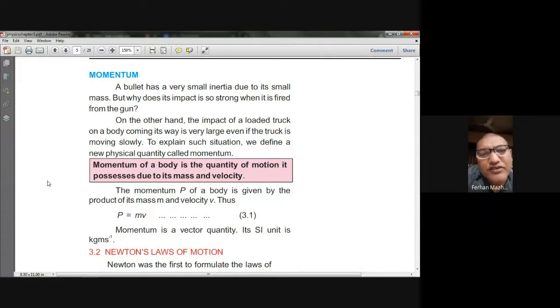Suppose the mass of the locomotive is 5,000 kg and it is coming at a speed of 10 meter per second. So the cycle is also at the speed of 10 meter per second and the locomotive is also at the speed of 10 meter per second.